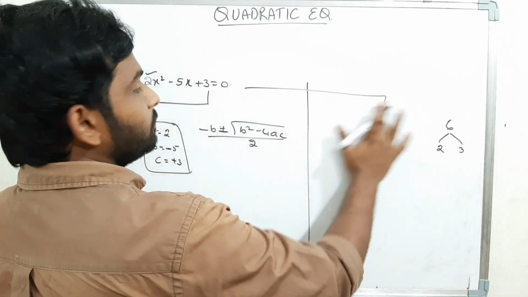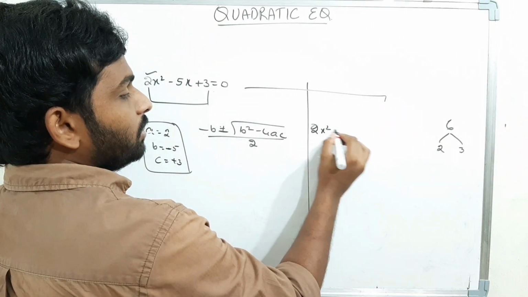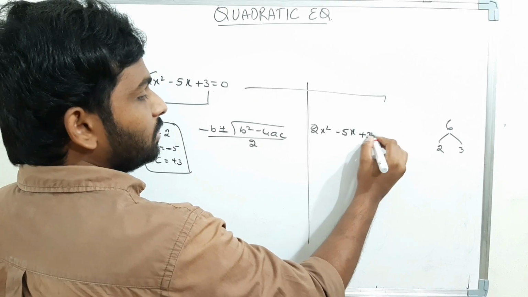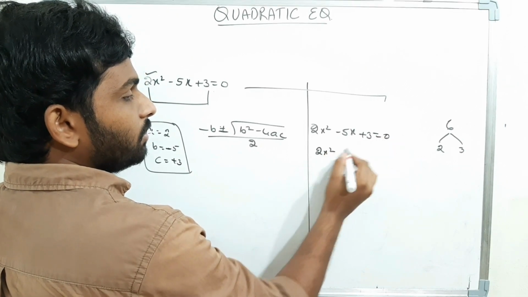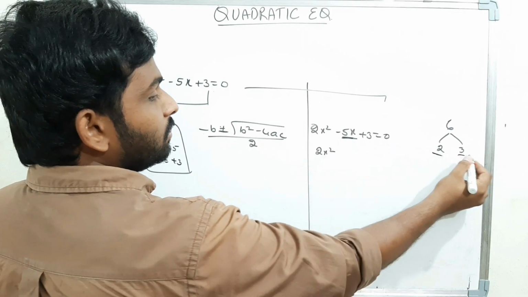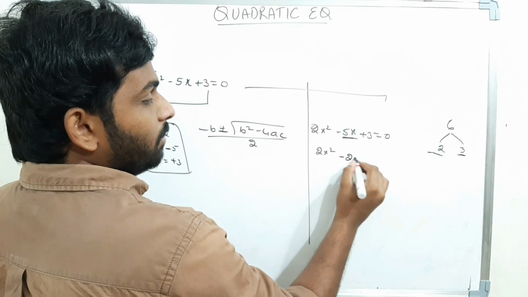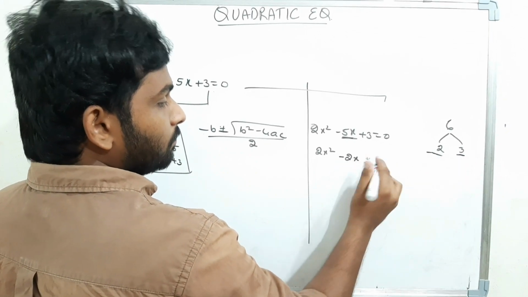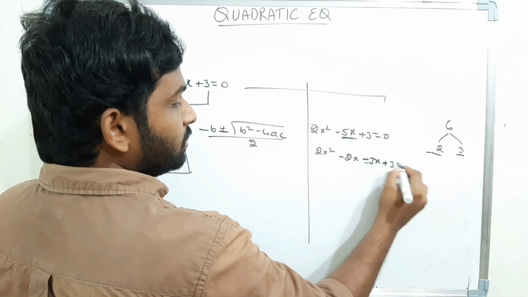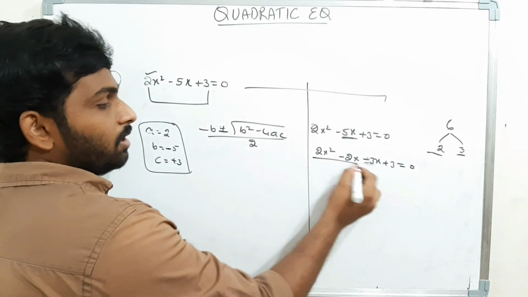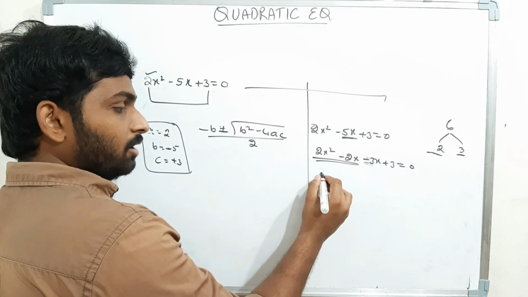Therefore, 2x square minus 5x plus 3 is equal to 0. I am writing minus 5x in the form of 2 and 3, that is 2x square minus 2x minus 3x plus 3 is equal to 0. Now in the first two terms, what can I take common? I can take 2x common.